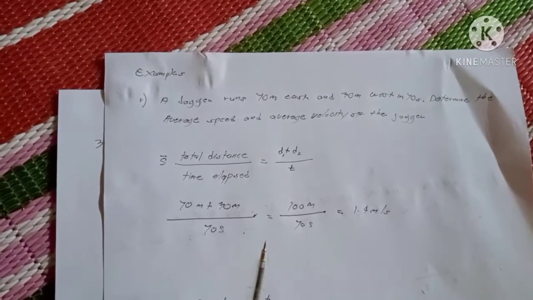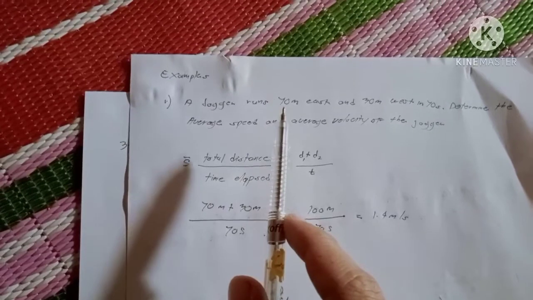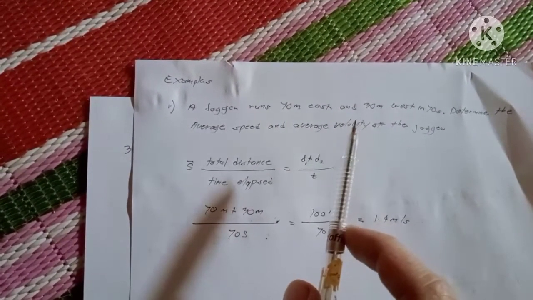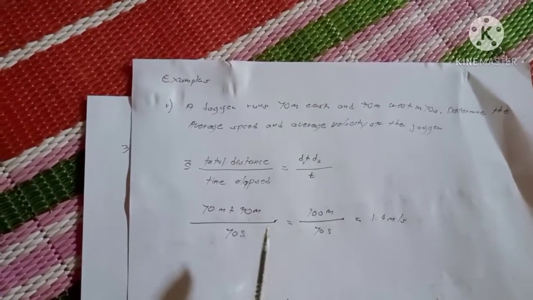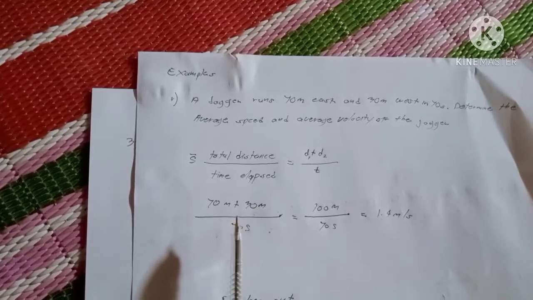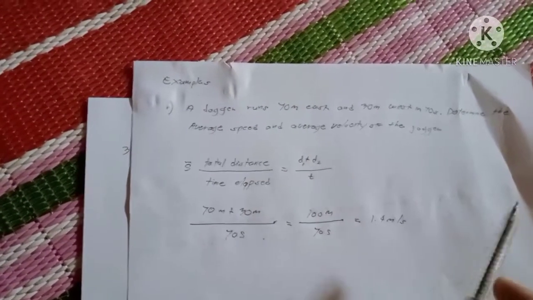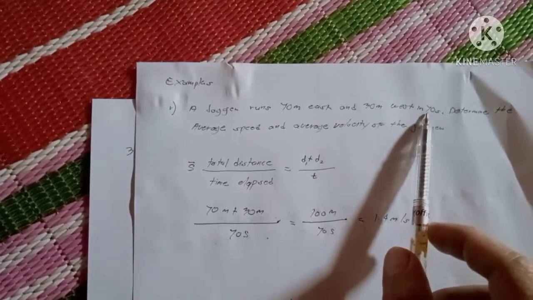So we have 70 meters plus 30 meters, because we have 70 meters east and 30 meters west. We add them and put the sum in the numerator, and the denominator is the seconds, which is 70 seconds.